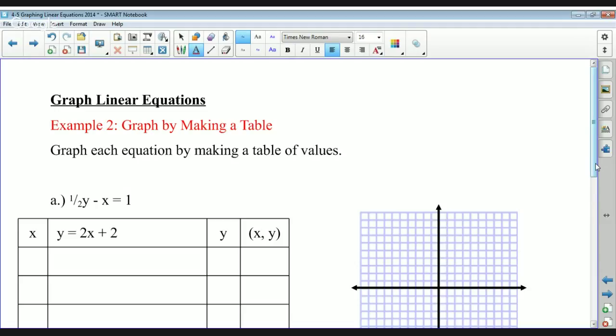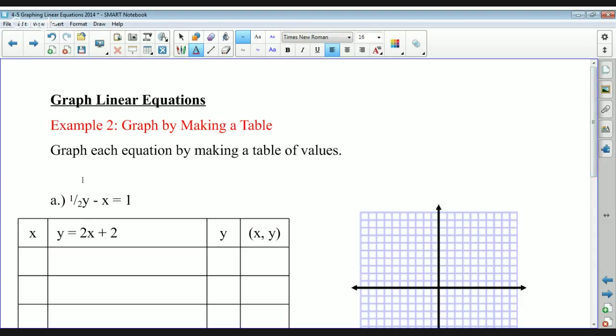In order to graph lines, that's why we did that section in 3.8, so that when we get to this type of problem, graphing a line, you hopefully have the tools ready for yourself so that you can get this equation into y equals form, and that way we can make it graphed.